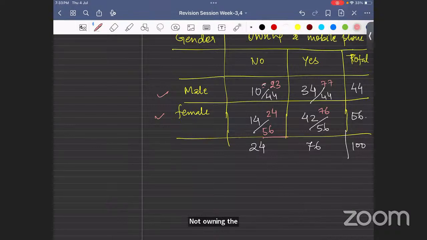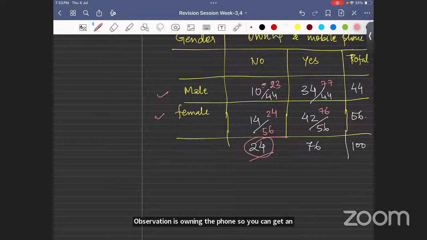Similarly, for the female also, around 23 to 24% are not owning the phone, and 76 to 77% are owning the phone. And for the overall data also, it is around 24 upon 100. So 24% of the observations are not owning the phone, and 76% of the observations are owning the phone. So you can get an idea from here, right?